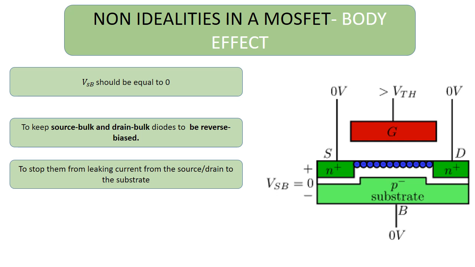But there is also a fourth terminal, which is the body or the substrate. VSB, or the voltage between the source and the substrate, should normally be kept equal to 0. This is done in order to keep the source-bulk and the drain-bulk diodes reverse biased, or it is done to stop current from leaking towards the substrate.